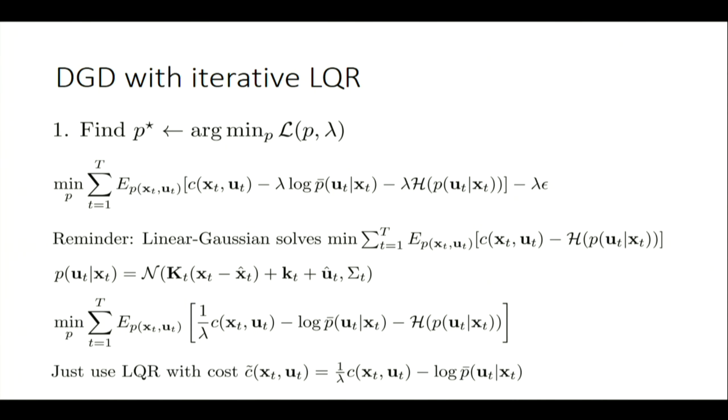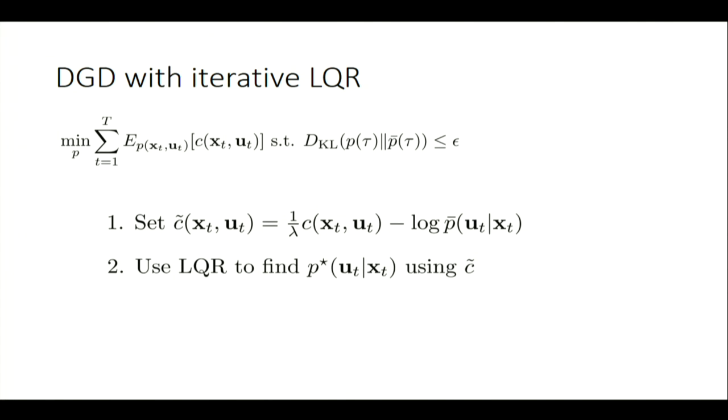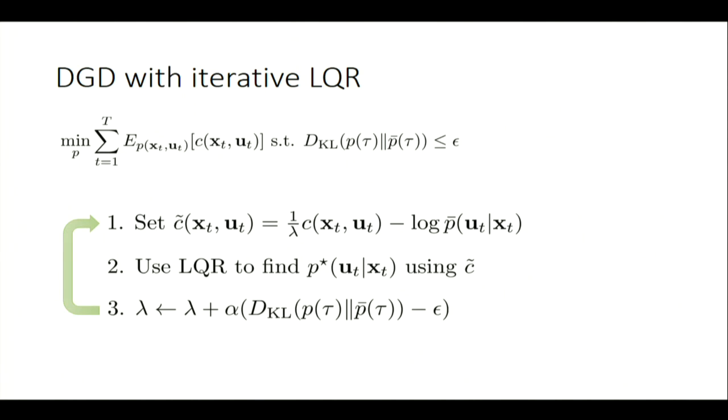So now we're just going to use LQR, but with a different cost function. The cost function is going to be 1 over lambda times the old cost minus log p bar. If we take this as our cost, that just substitutes in here, and we see that the regular LQR algorithm just yields us a solution. So we're just going to do this to find the p star, and then we'd use gradient descent. We set our cost to be the surrogate cost, use LQR to find p star, increment lambda according to some step size times the constraint violation, and then repeat.